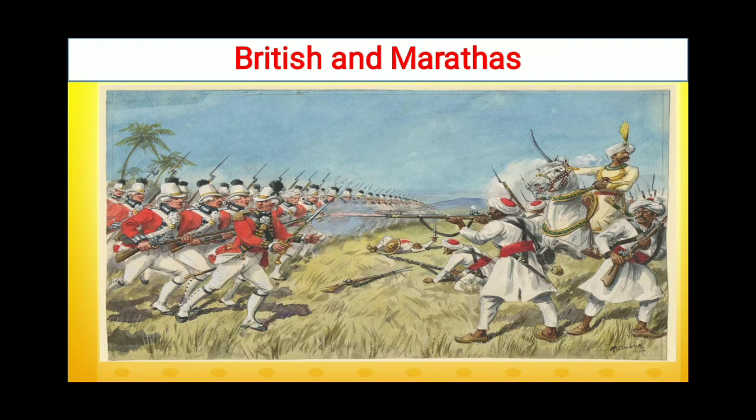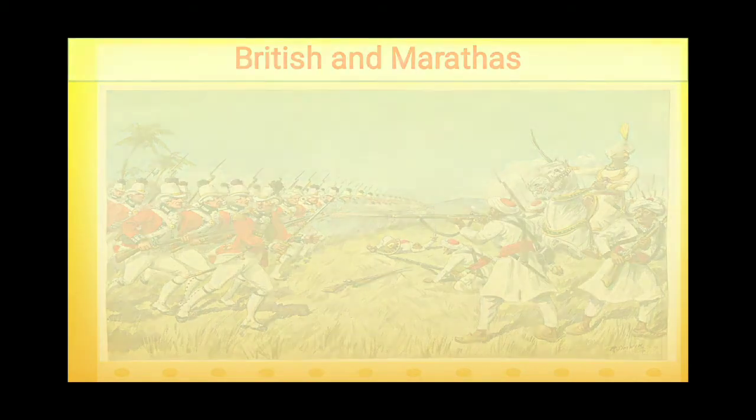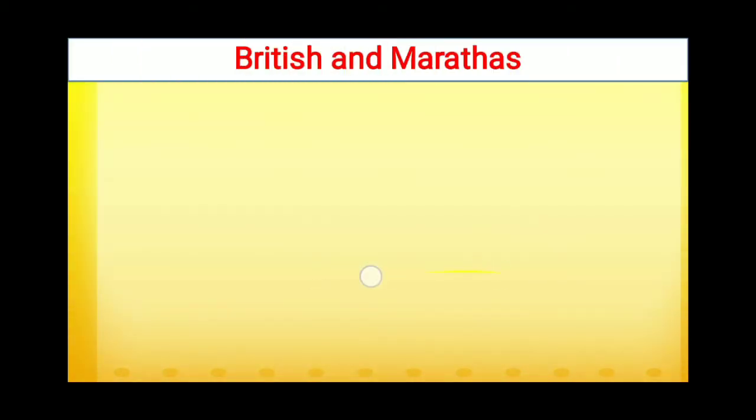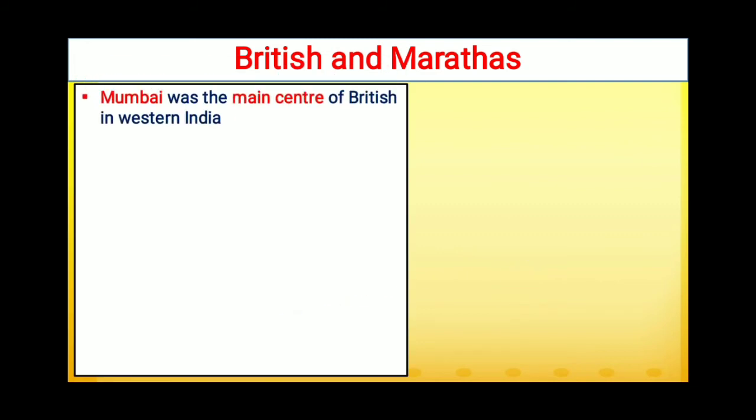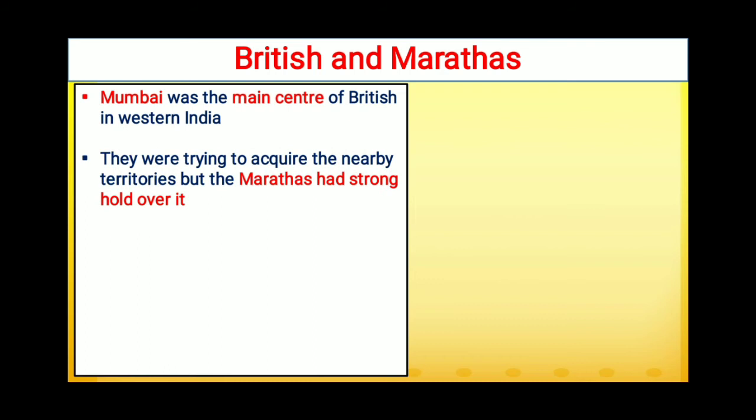You people already learned in 7th standard history about Chhatrapati Shivaji Maharaj, and that's why we know that Mumbai was the main center of the British in Western India. They were trying to acquire the nearby territories, but the Marathas had a strong hold over it.